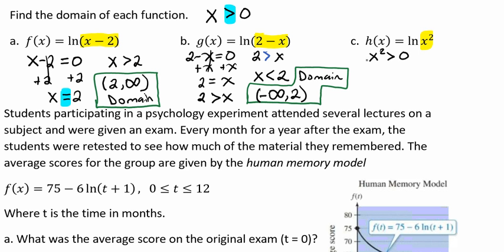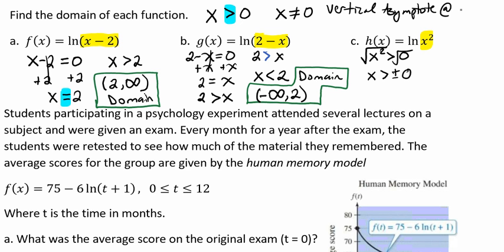So from here, I can go ahead and square root both sides, and that's going to tell me that x can be plus or minus the square root of 0, which is 0. Except that we know that x can't equal 0 because we have a vertical asymptote at x equals 0.